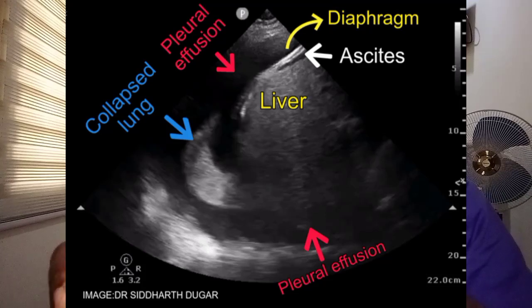Then you see the fluid, the pleural effusion, the fluid area, which is the anechoic area. You can see the diaphragm, and the little ascites just on the other side of the diaphragm.